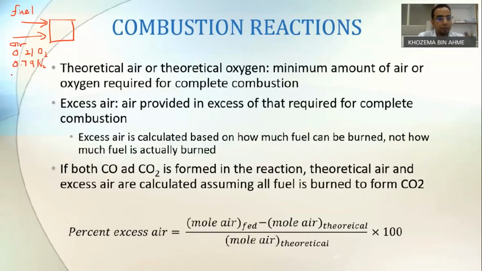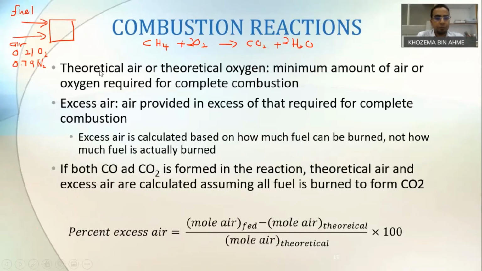This is the mole fraction of oxygen and nitrogen in air. Let's say we have methane, CH4, plus oxygen, and the complete combustion reaction produces CO2 plus H2O. To balance our equation, I need to put 2 here, and then I can put 2 here.